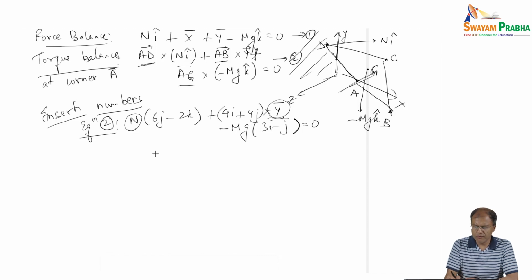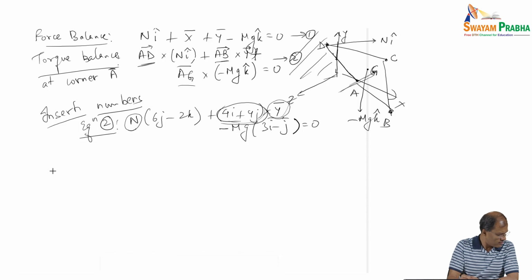So what we do is we take a dot product of this equation number 2 with this quantity 4i plus 4j, right? Then the triple product of this vector with itself will be 0, and the contribution of Y vanishes.